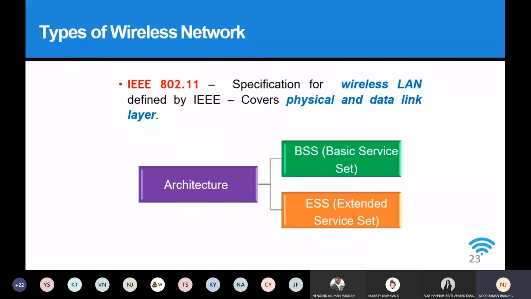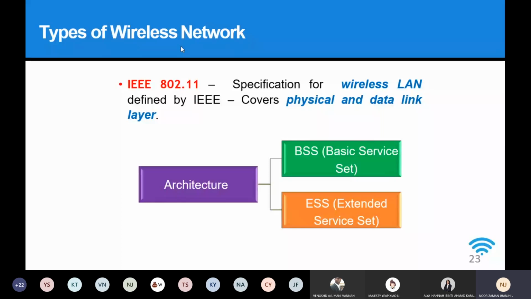So you remember that I said the IEEE 802.11 is the international standard for wireless. Whenever we have 802.11, then maybe we will have something different after that, but 802 is a fixed standard for wireless. You will see in a couple of minutes. Now, what are the types of wireless network? On an architectural basis, we divide it into two main types.